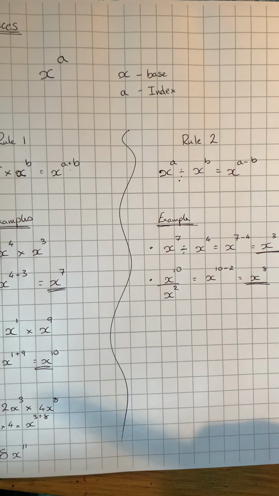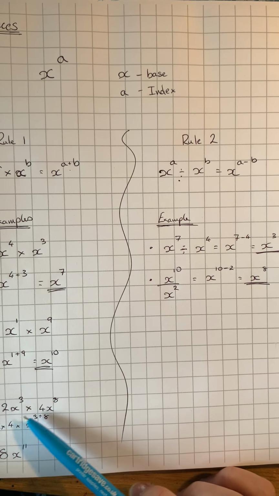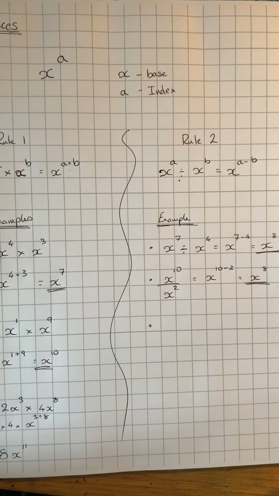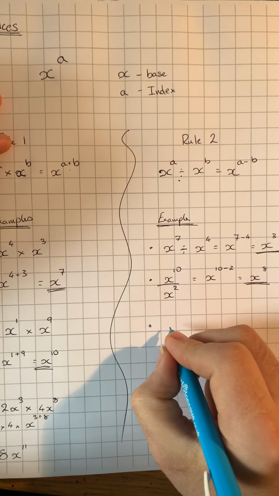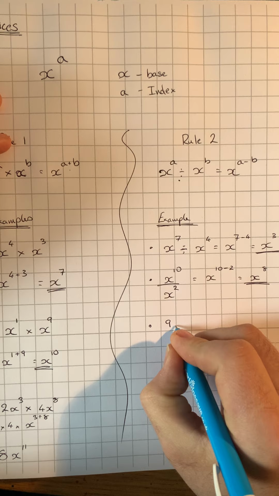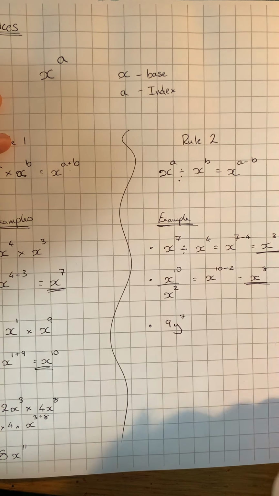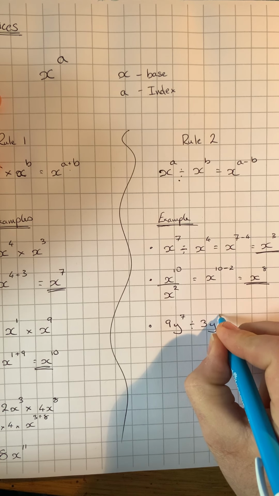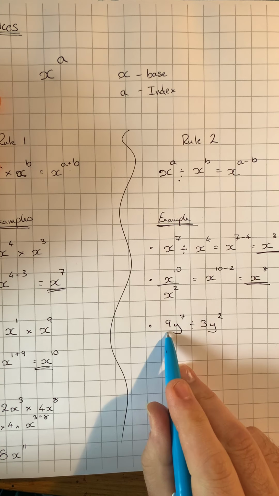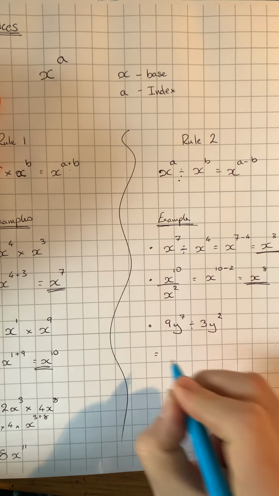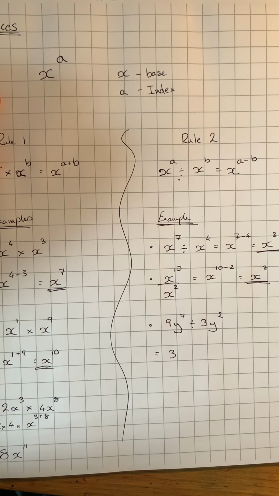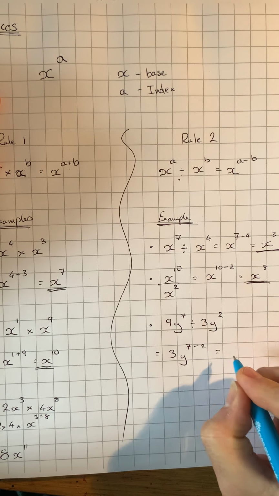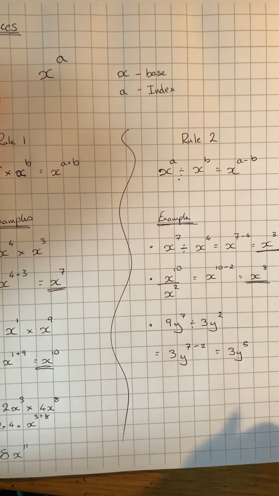Now, as before, when we had two constant numbers with our multiplying in our first rule, we do the same thing with the dividing. Say for example we had 9y to the 7 divided by 3y to the 2. We're going to be dividing the first lot, so 9 divided by 3 gives us 3. And we've got y to the 7, subtract 2. So our answer is 3y to the 5.